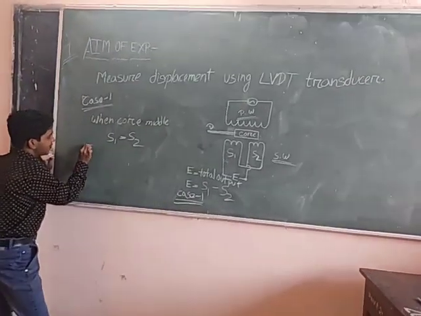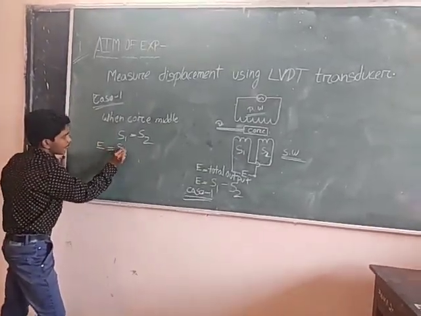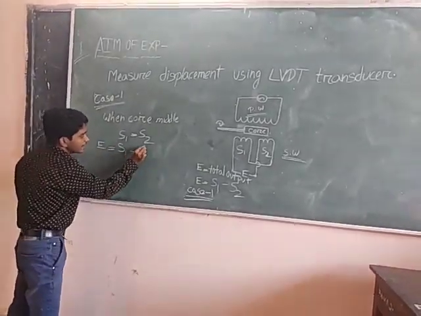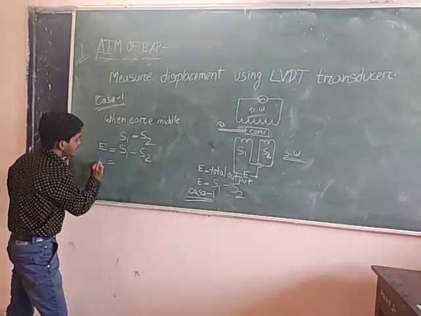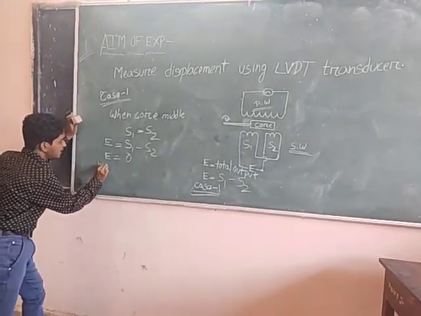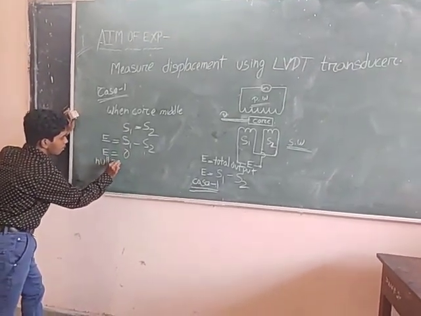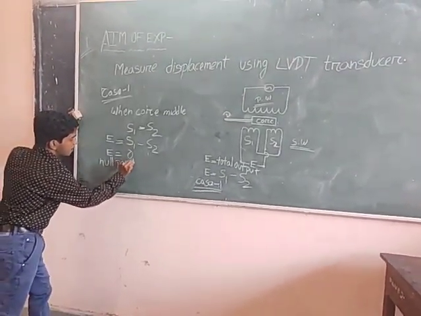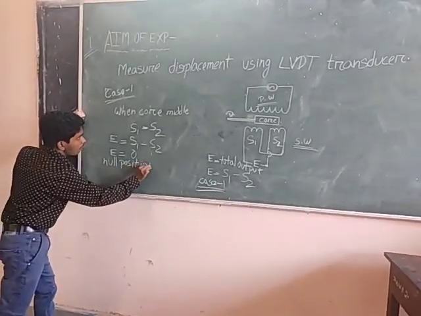So the total E is equal to S1 minus S2, so E is equal to 0. This is called the null position.